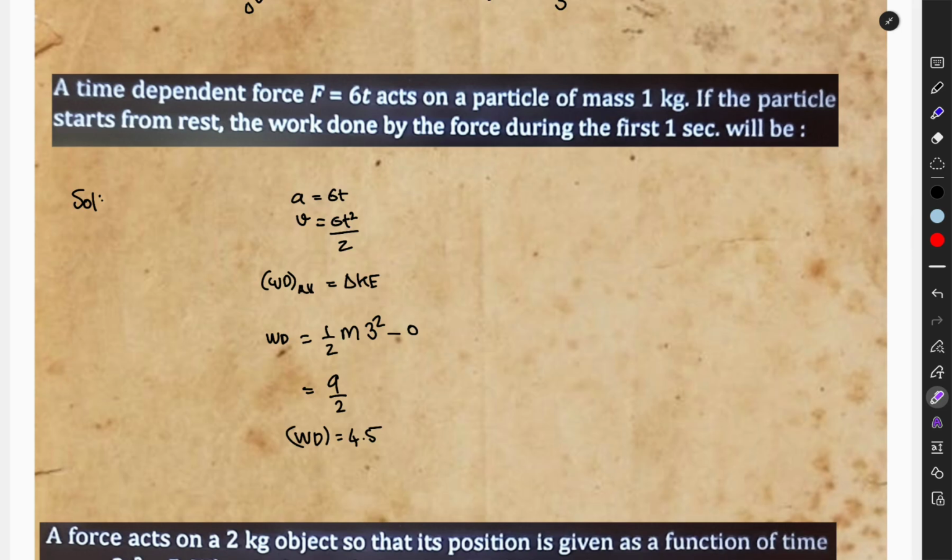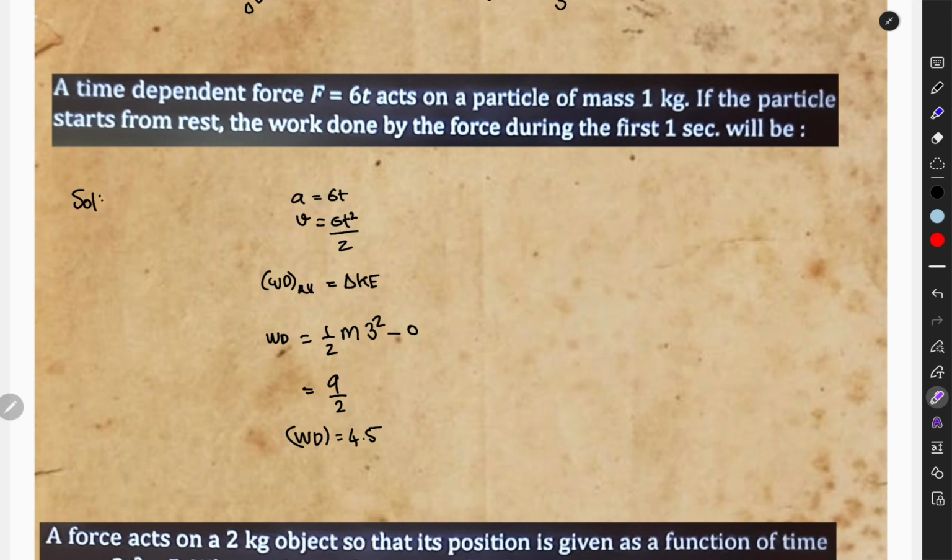A time dependent force F is equal to 6t acts on a particle of mass 1 kg. So ma is equal to 6t and m is given as 1, right? So a will be equal to 6t. If the particle starts from rest, the work done by the force during the first second will be. So yeah, we have got a is equal to 6t.